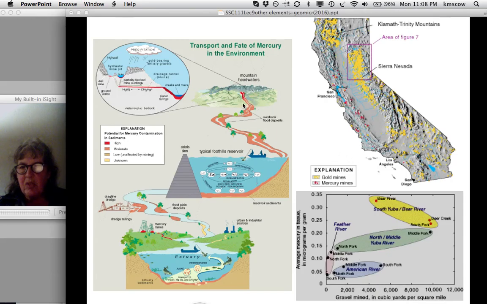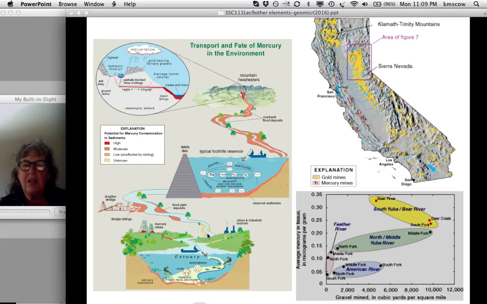And this picture just shows you what can happen then, and we're seeing this in many places in California, that this mercury that may have been brought to a location where they were mining for gold, or mercury that may have been mined for its own sake, becomes pulled to the surface, and then it's mobile, and it moves into freshwater water bodies, and has its own little cycling, which we'll talk about in a minute.